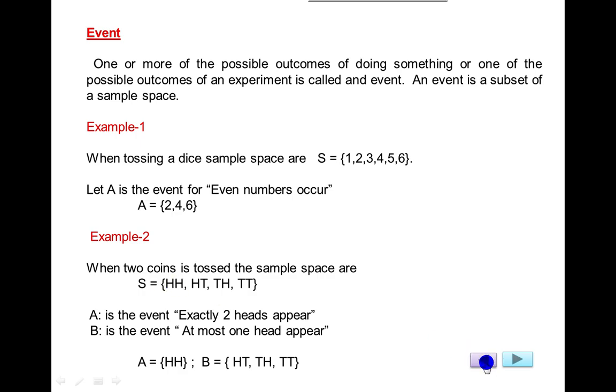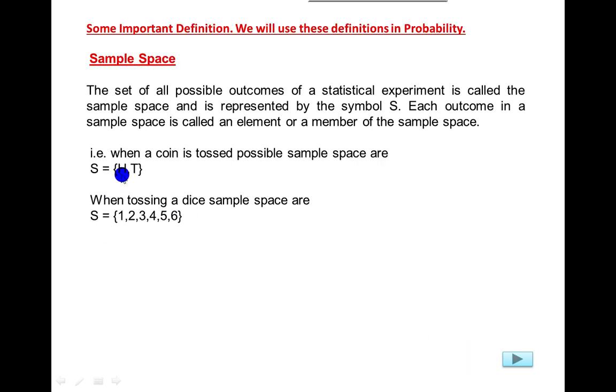Second example, if you throw a coin 2 times. If you throw a coin one time, the outcome may be head or tail. We use the number values, not the result in text form or in actual natural form.